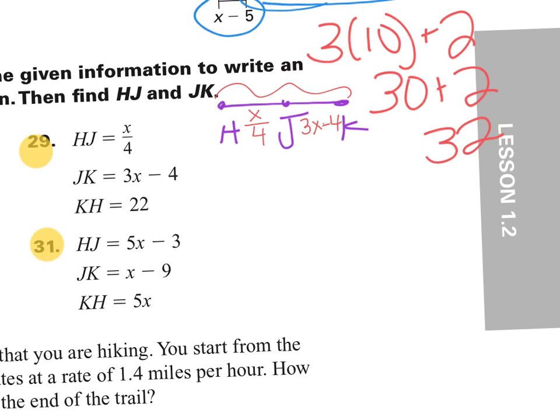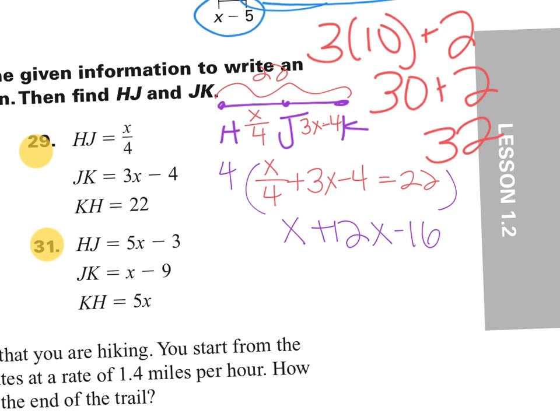And then the whole thing is 22. So x over 4 plus 3x minus 4 would equal 22. I can multiply everything by 4 to get rid of my fraction. I'd get x plus 12x minus 16 equals 88. 13x, add the 16, and divide by 13.